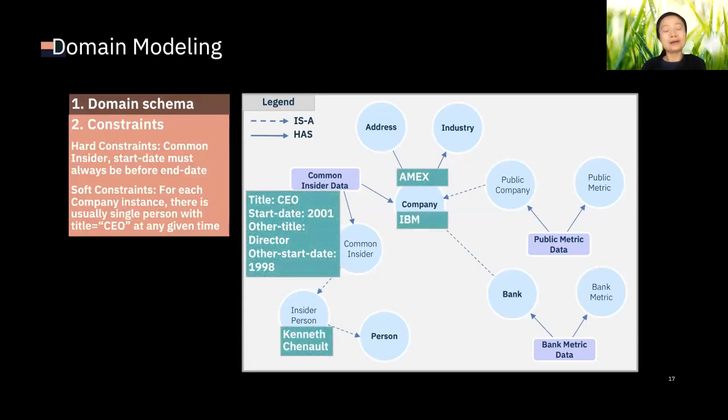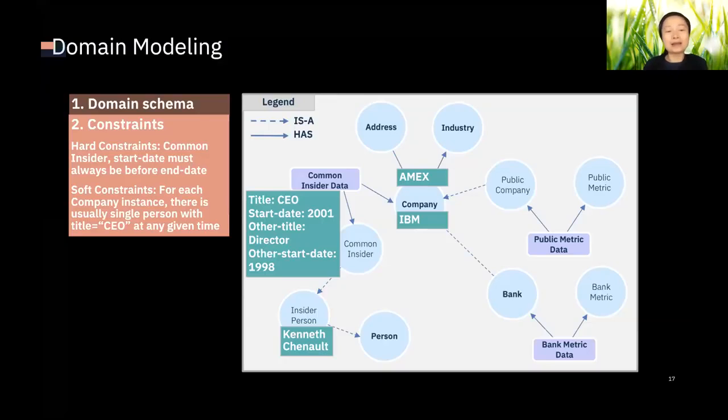What are the general relationships or constraints that we can assume always hold true? When it comes to constraints, there are two kinds. The hard constraint, which will always be true. For example, for a common insider, the start date of an employment must always be before the end date.